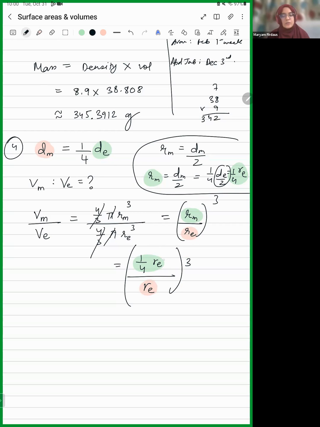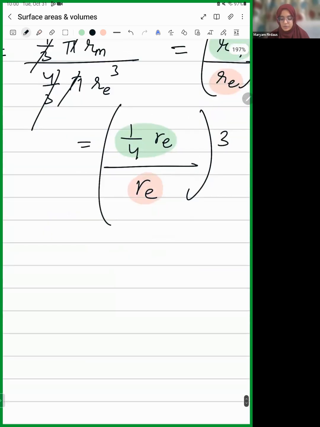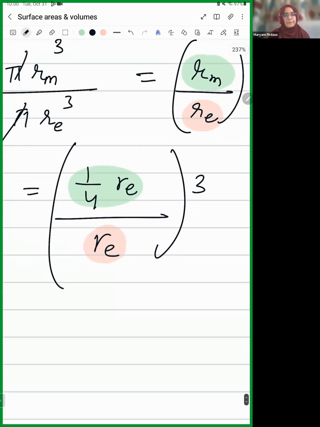So here, what is going to happen inside this bracket? Can you take a guess? Yes. What will happen inside the bracket? Hmm. Avni?